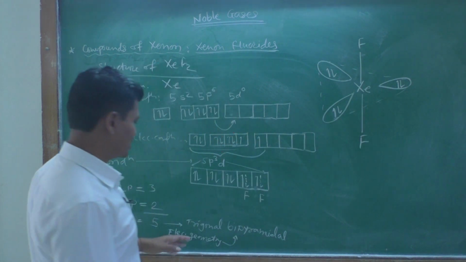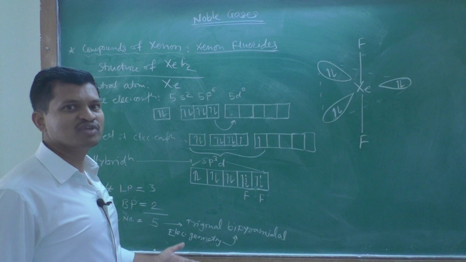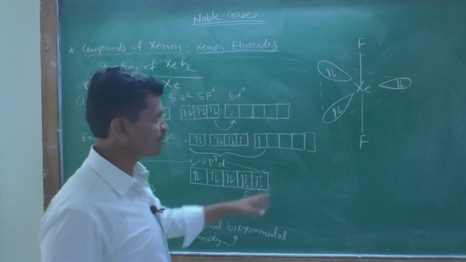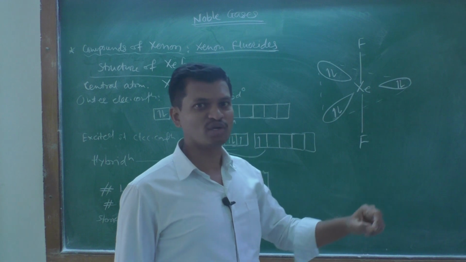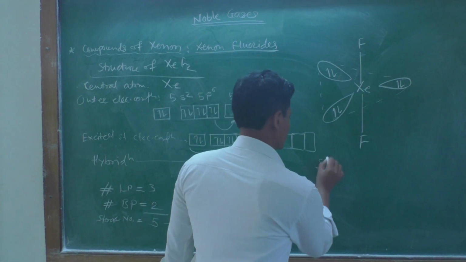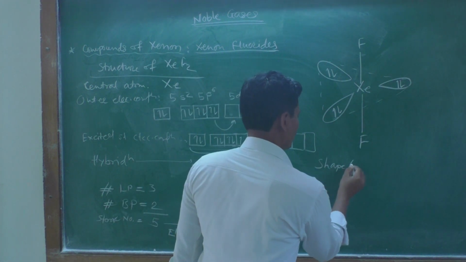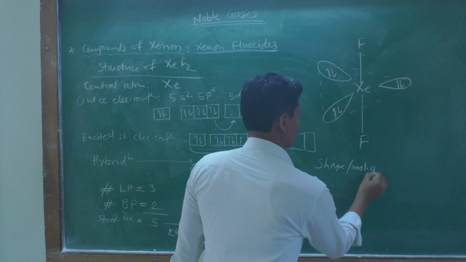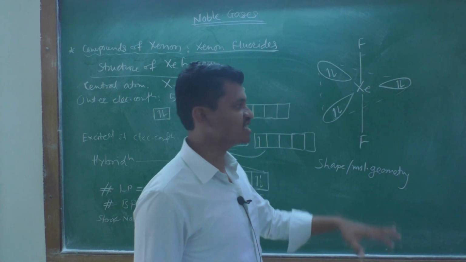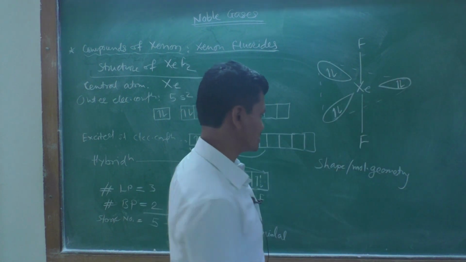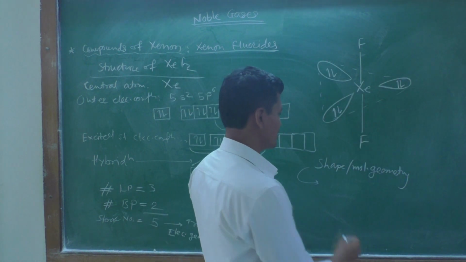So the electronic geometry as per the VSEPR model is trigonal bipyramidal, but while describing the molecular geometry, the shape of the molecule, we neglect the lone pairs, and hence the shape is linear.